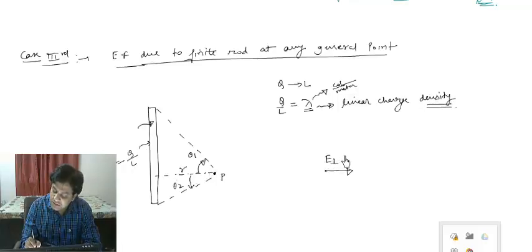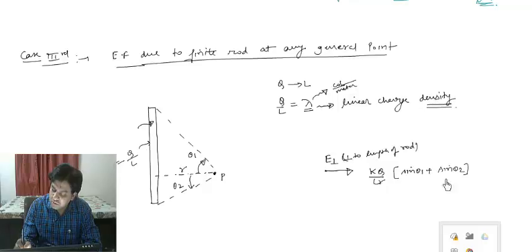So E perpendicular is the electric field perpendicular to the length of rod. So we will have two components, one perpendicular to the rod and the other could be parallel to the rod. So E perpendicular to the rod will always be equal to kq by LR times (sin theta 1 plus sin theta 2).